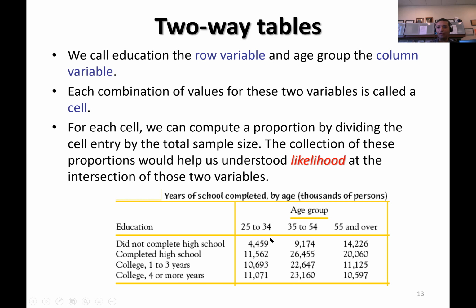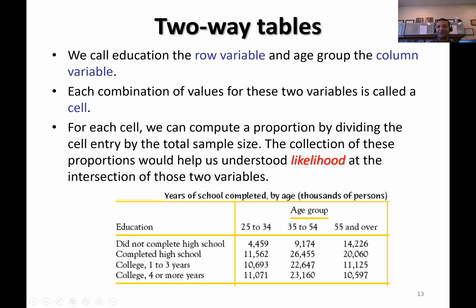That likelihood would be this number, 4,459, divided by the sum of all of these numbers taken together, which is the entire data set. And we can do the same exact thing for all of the others in terms of where the intersection happens. That intersection defines the characteristic of a certain level from both the variables.